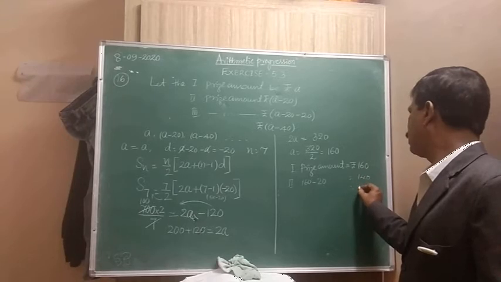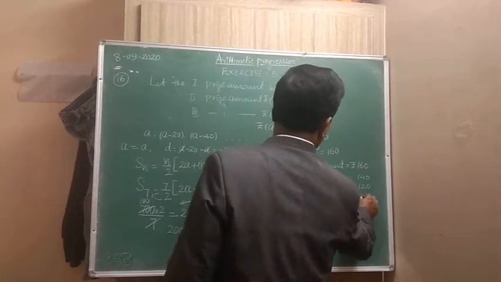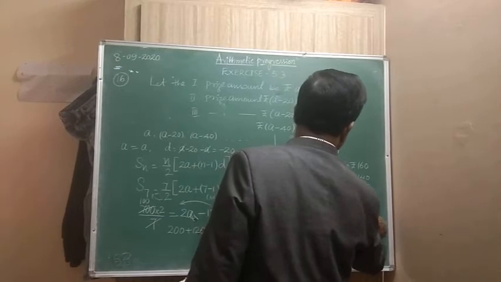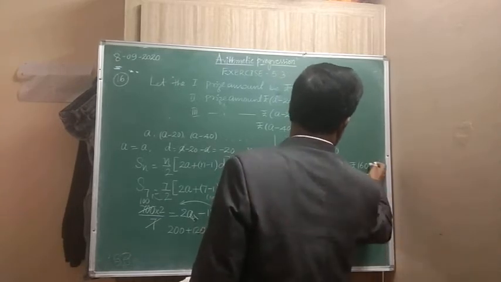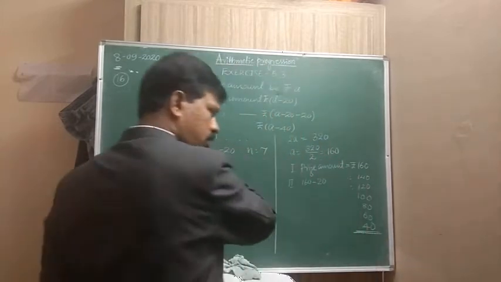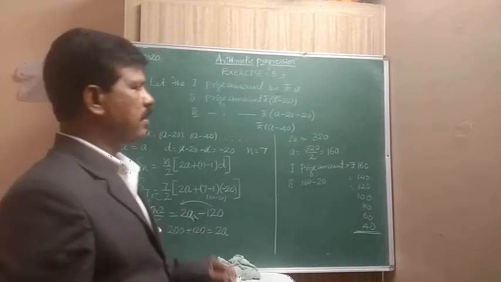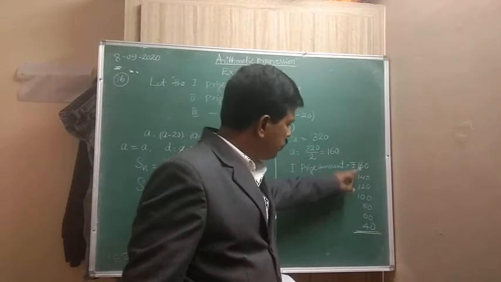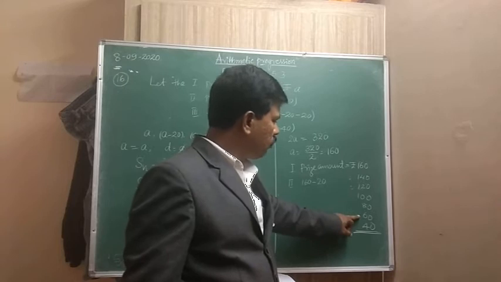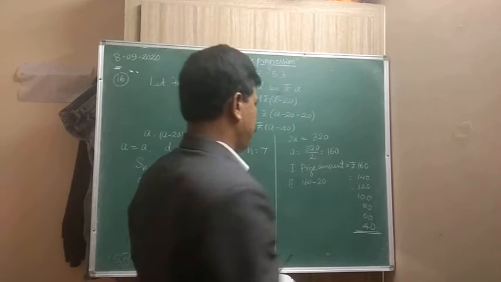So go on subtracting 20: 120, then 100, then 80, then 60, then 40. 1, 2, 3, 4, 5, 6, 7. So when you add all these things, how much amount should you get? 700. So look at this. 160 plus 40, 200. 200 plus 200, 400, plus 200, 600, plus 100, 700. Clear?